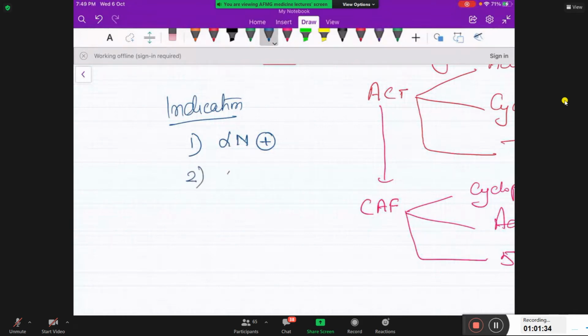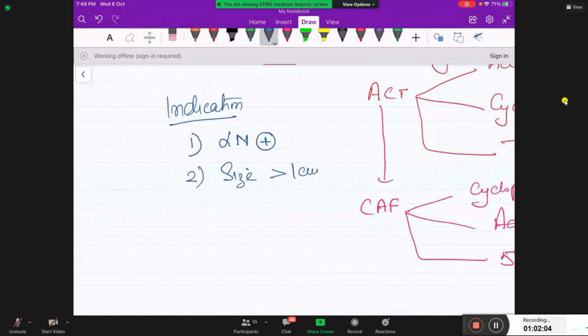Second, once the size of the tumor is more than 1 centimeter, then also we need to give chemotherapy. So these are the indications of chemotherapy.